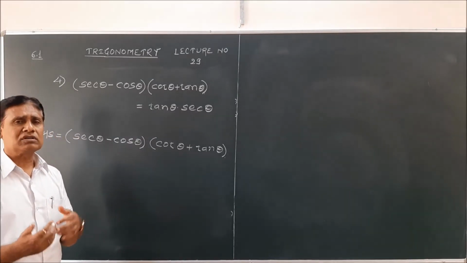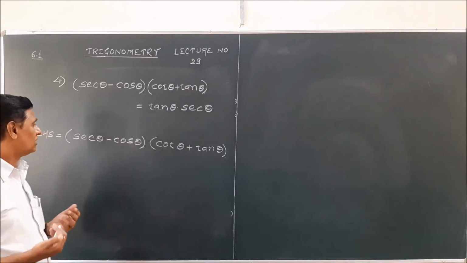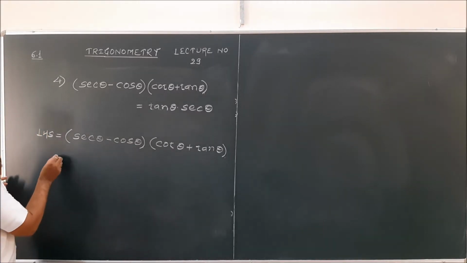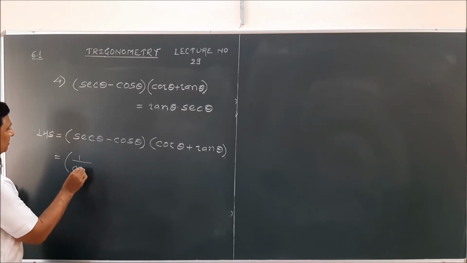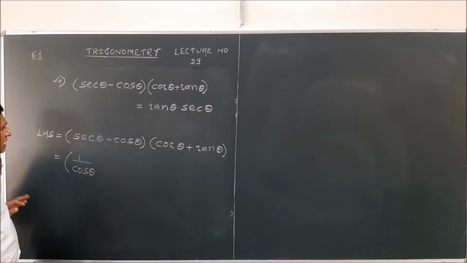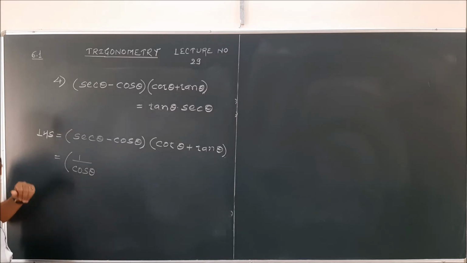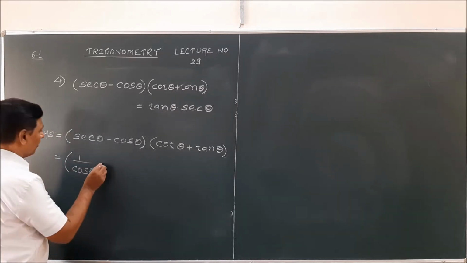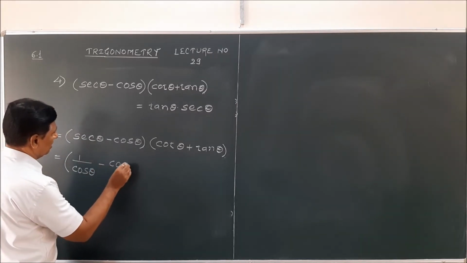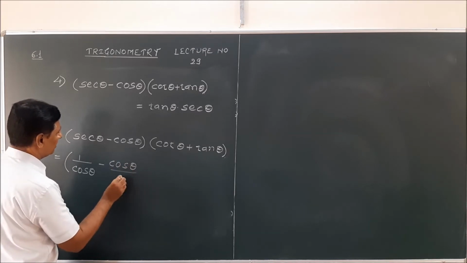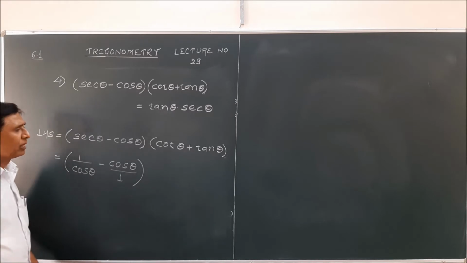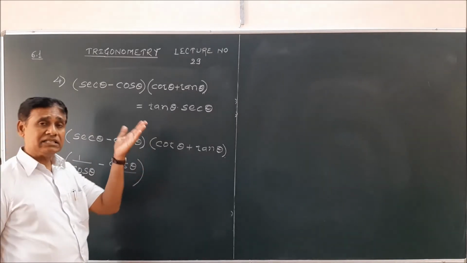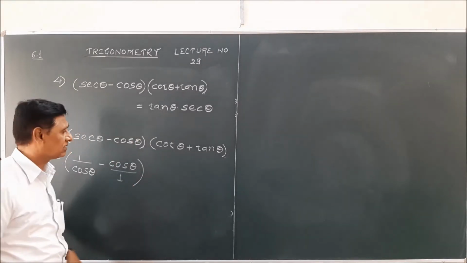Basic ratios are what? Sin, cos and tan. So sec theta, I'll write it as 1 upon cos theta minus cos theta, which is already in the basic trigonometric ratio. Cot theta is cos theta upon sin theta.